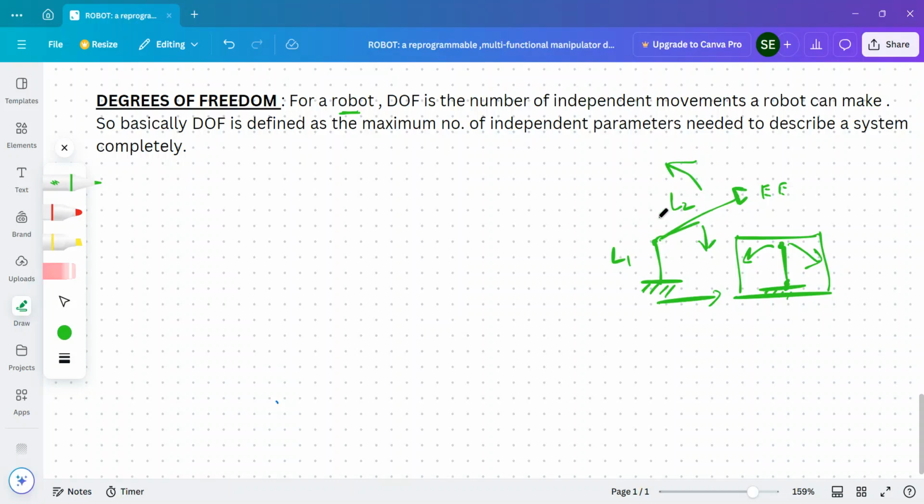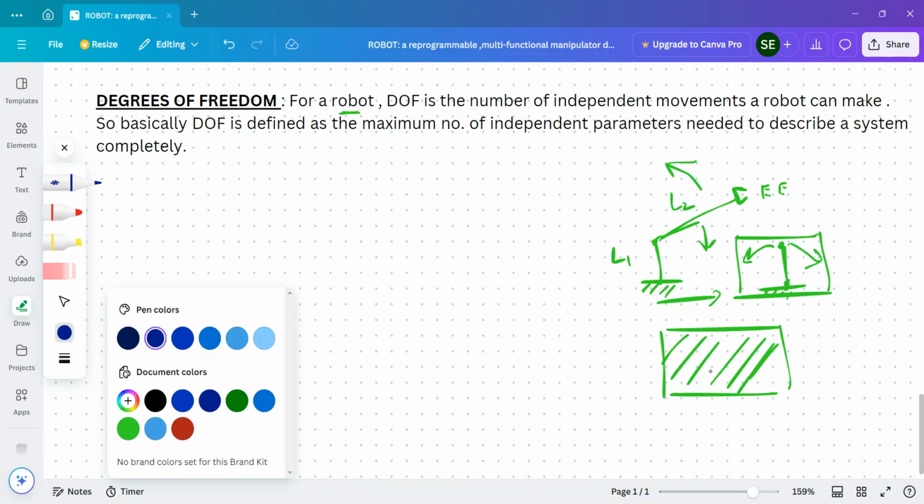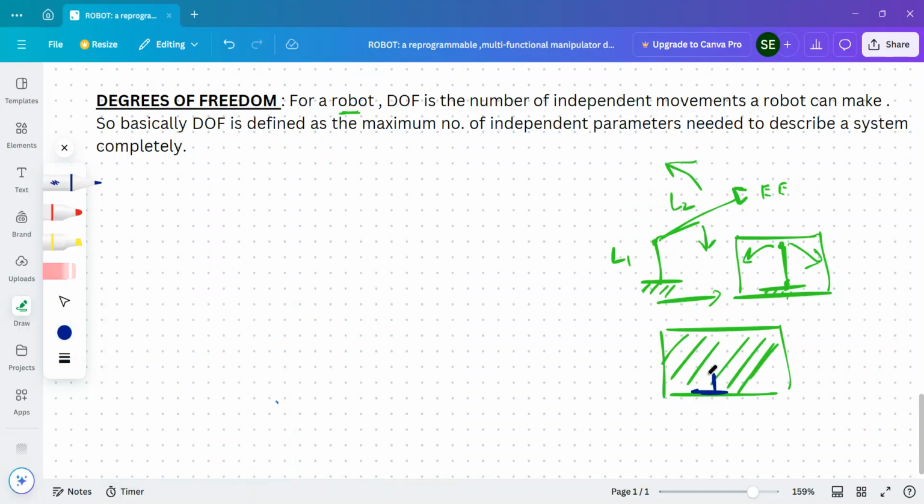So this whole manipulator can rotate in one plane only, this plane. It can move in this way, either this way or this way. Okay.